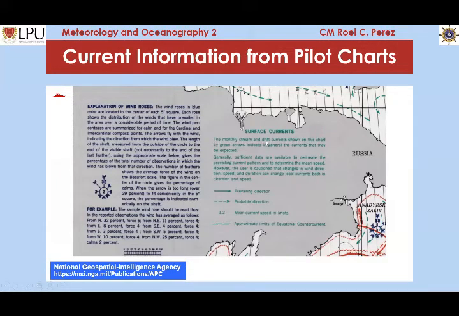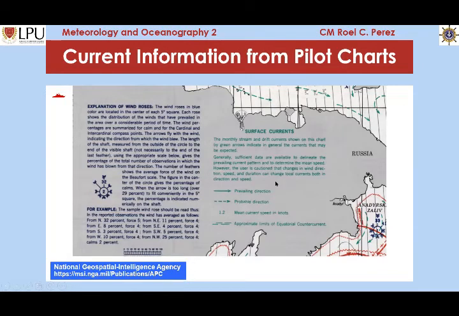The monthly stream and drift currents shown on this chart by green arrows indicate in general the currents that may be expected. Generally, sufficient data are available to delineate the prevailing current pattern and to determine the mean speed. However, the user is cautioned that changes in wind direction, speed, and duration can change local currents both in direction and speed.